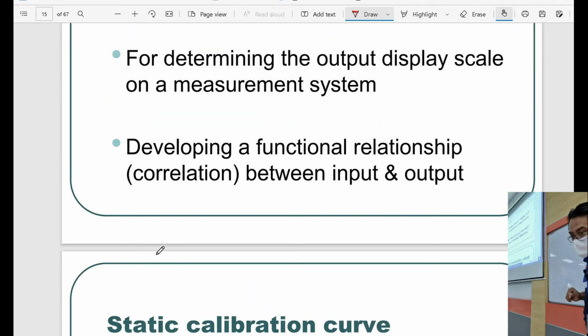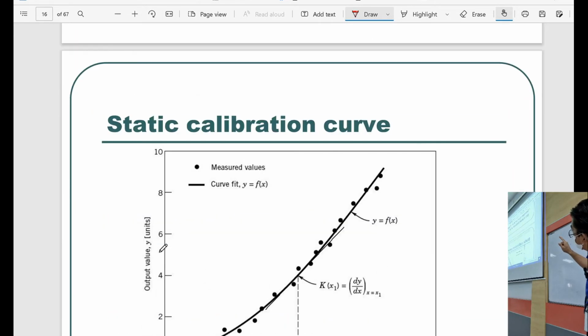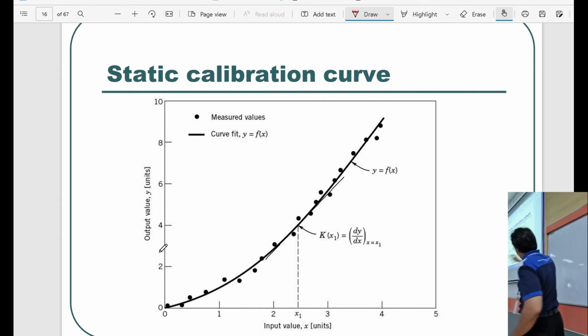So I'm showing the curve. This is actually a calibration curve. Look at the input value, this is the known value, and this is the output value, which is the one we want to measure.